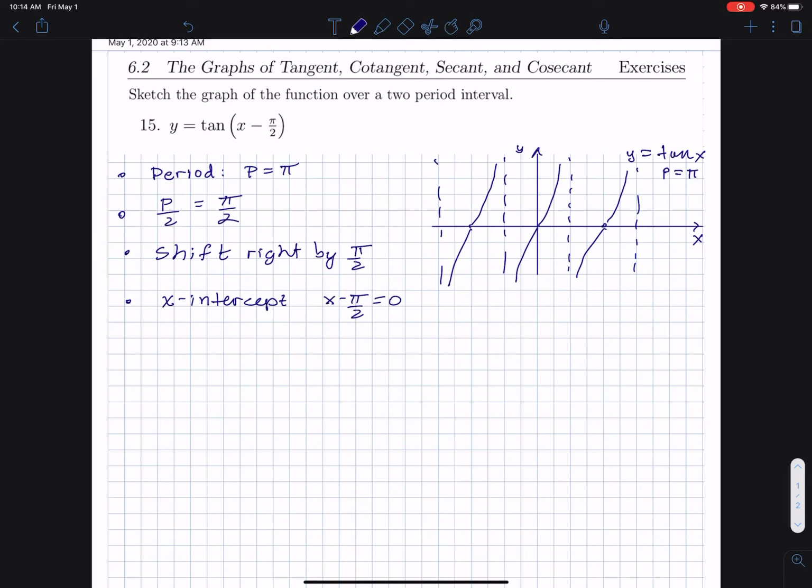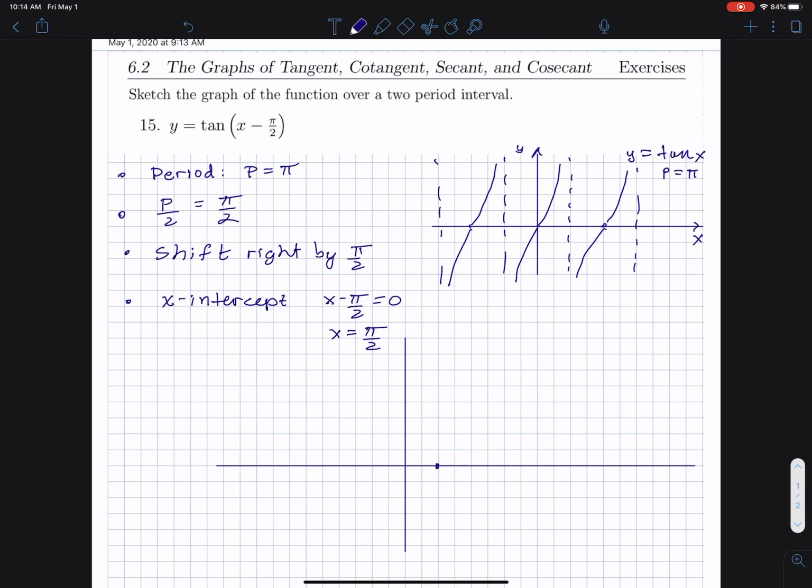If I put x minus pi over 2 equal to 0, I get x equals pi over 2, and that is a really quick calculation. Okay, so I'm going to jump in and get this done without spending too much time on it. I'm going to start here at pi over 2. I'm just arbitrarily picking the spacing. So that's going to be a 0 of the function.